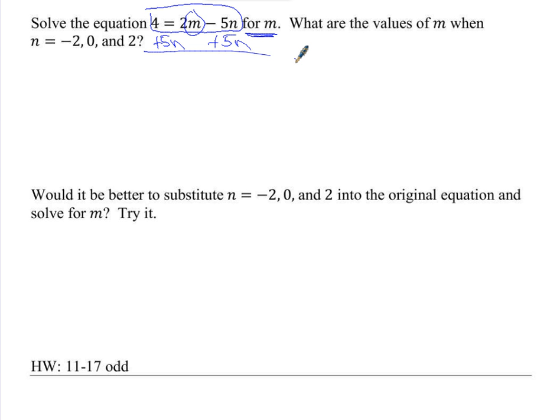So on the left, what do I get? Yeah, that's a 4 there and a 5n there. Those are not like terms, so I can't combine them. So I just write them as is. I could write 4 plus 5n, or I could write 5n plus 4. It makes no difference. 5n plus 4 equals, what's on the right? The 2m.